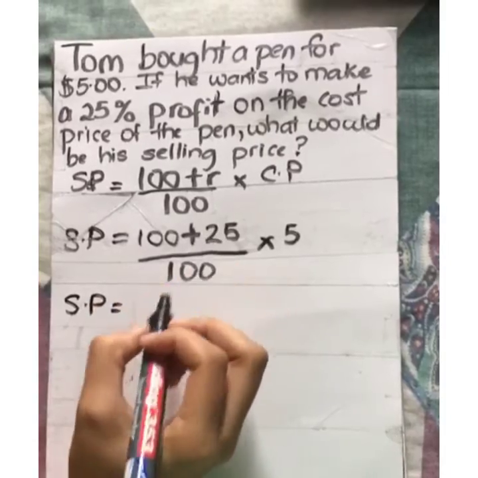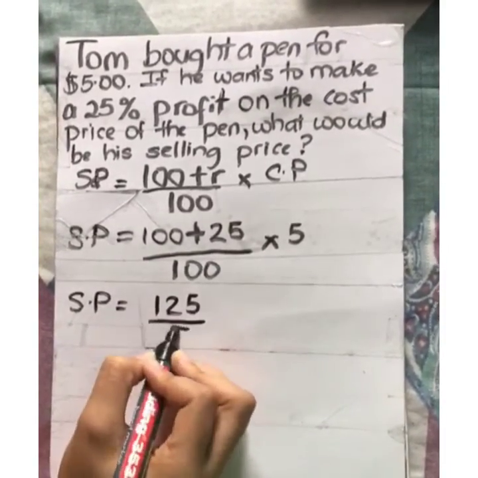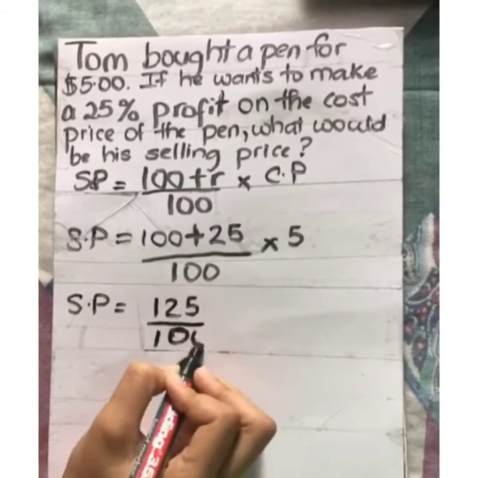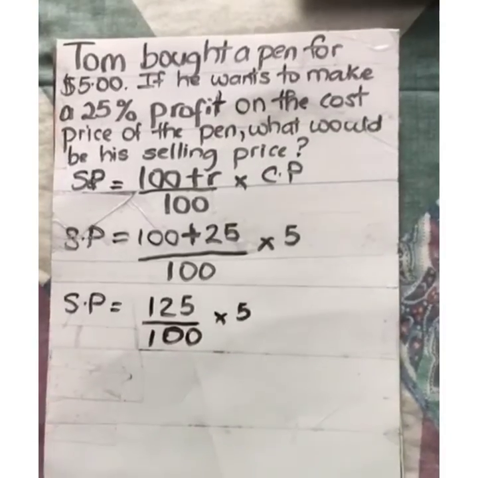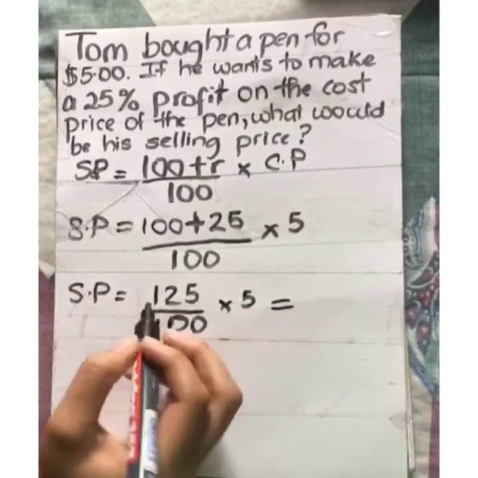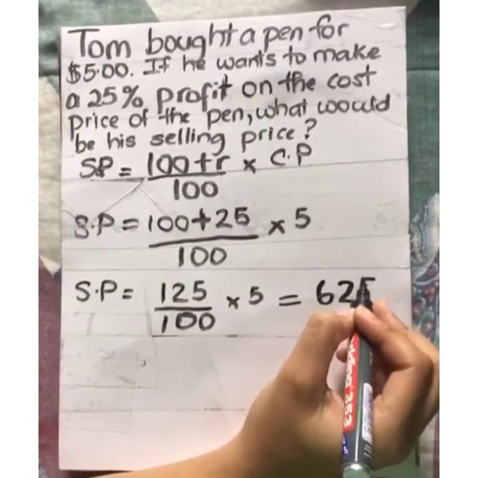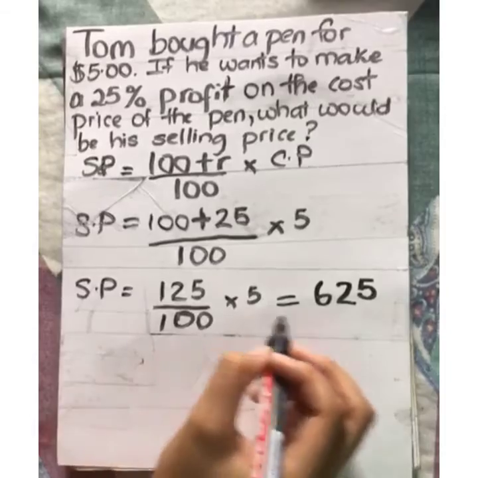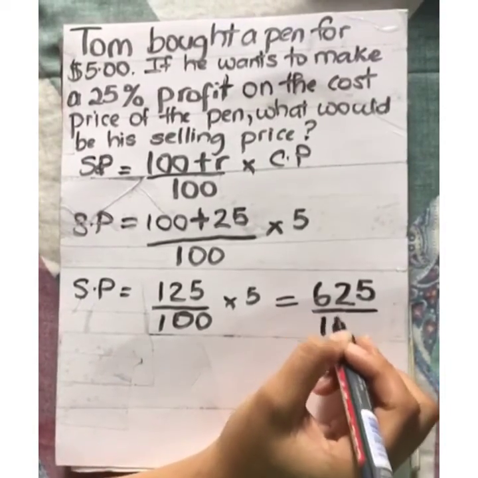100 plus 25 would be 125 divided by 100 multiplied by 5. What we can do is we can multiply across. So 125 times 5 would give us 625, and 100 times 1 would give us 100.